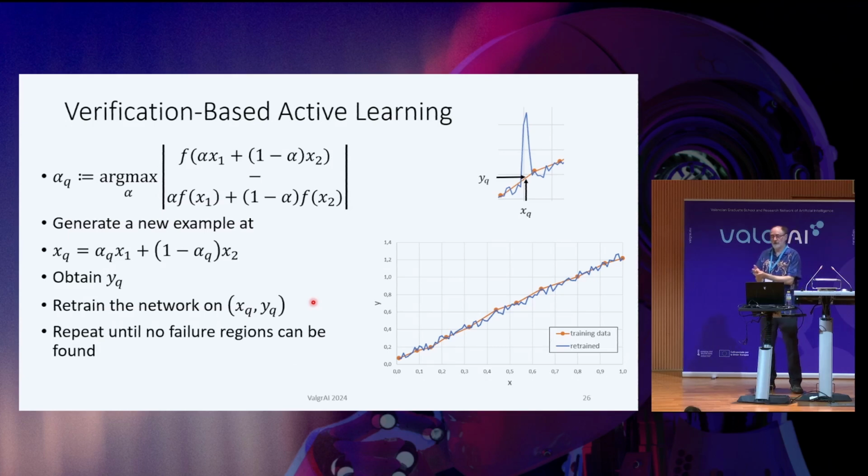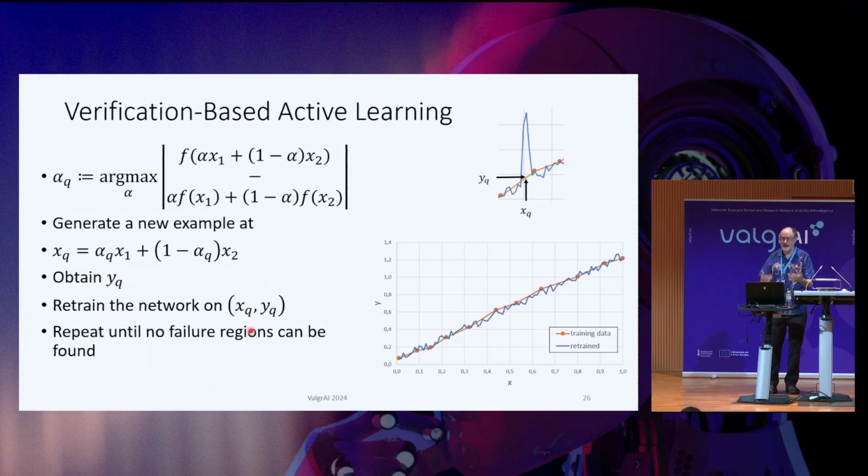The other thing we can do, of course, is if we can find the value of alpha that maximizes this, we can generate a new data point for that value. I call it alpha q, my query, and I'll call xq the corresponding scenario that would be generated there. Again, I can simulate what happens and get the response yq.